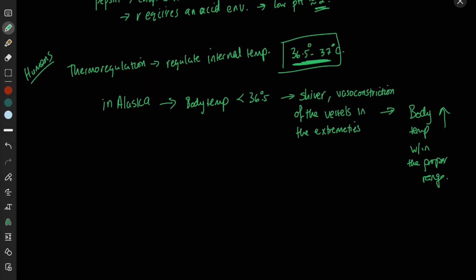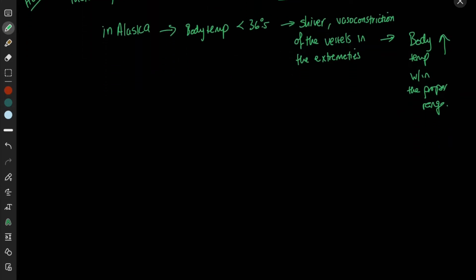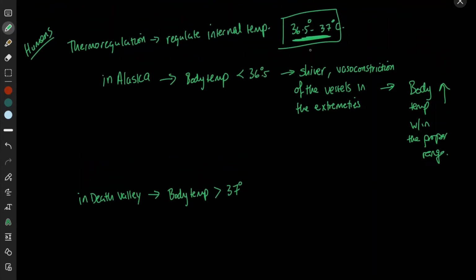And so let's look at the opposite. Let's look at what happens if we were in Death Valley in the dead of summer. Here our body temperature is likely going to be greater than 37 degrees, so greater than this range right here. And what's going to happen? Well, what's the common thing when we get too hot? We start to sweat, right? So your body starts producing sweat and attempts to cool you down through evaporative cooling.